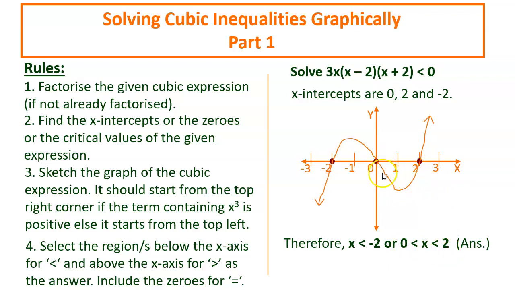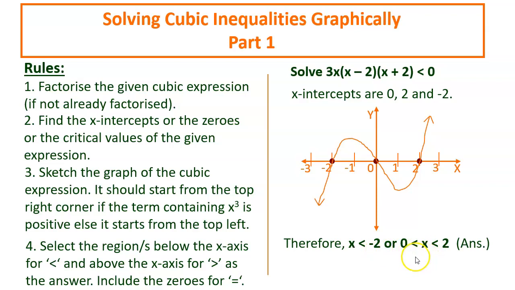That is for this region. All real number values which lie in this region will be greater than 0 and less than 2. So these two regions form the solution set of x. And this is the answer given in the inequality form.